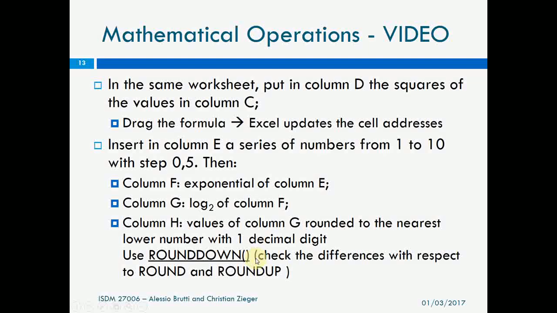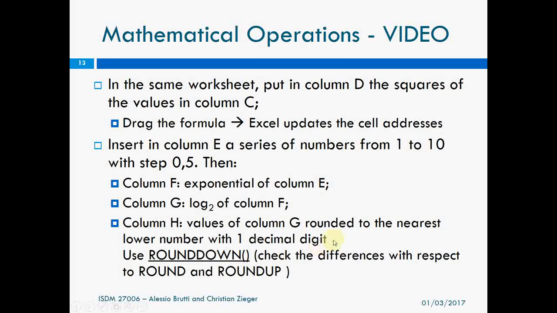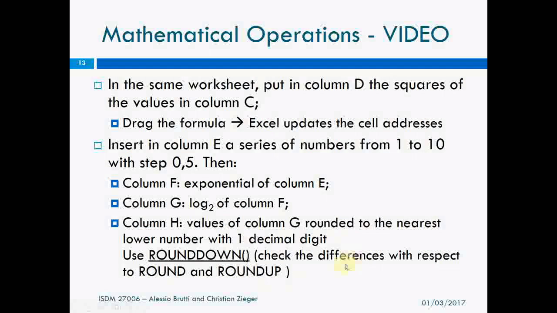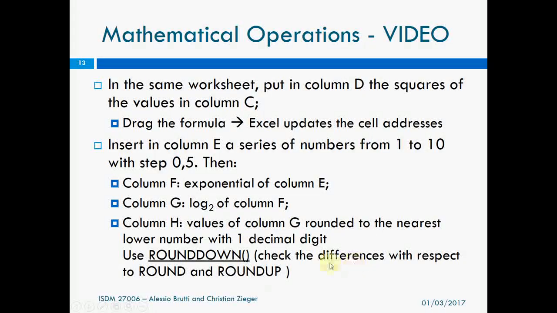Here you have a hint: you have to use round down to accomplish this point. And then you need also to use the round function and then round up function applied always to column G. And then you have to notice the differences between the three functions.